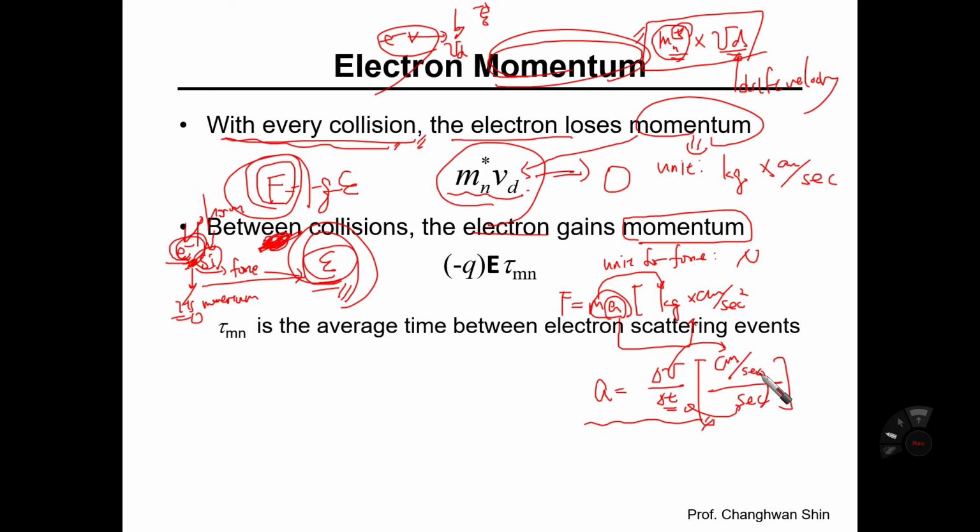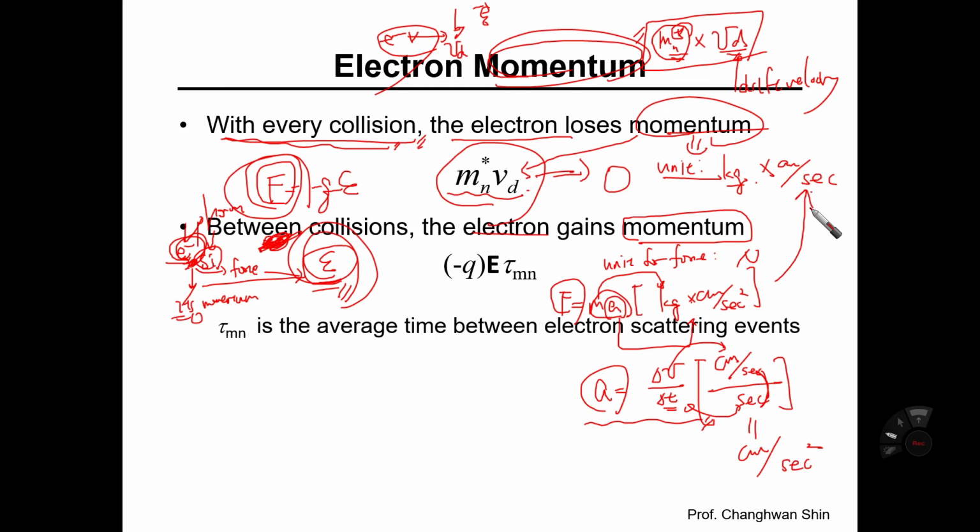So you can multiply them, and you end up with centimeter per square second as the unit for acceleration. So now force: the unit for force is kilogram times centimeter per square second. But the unit for momentum is kilogram times centimeter per second.